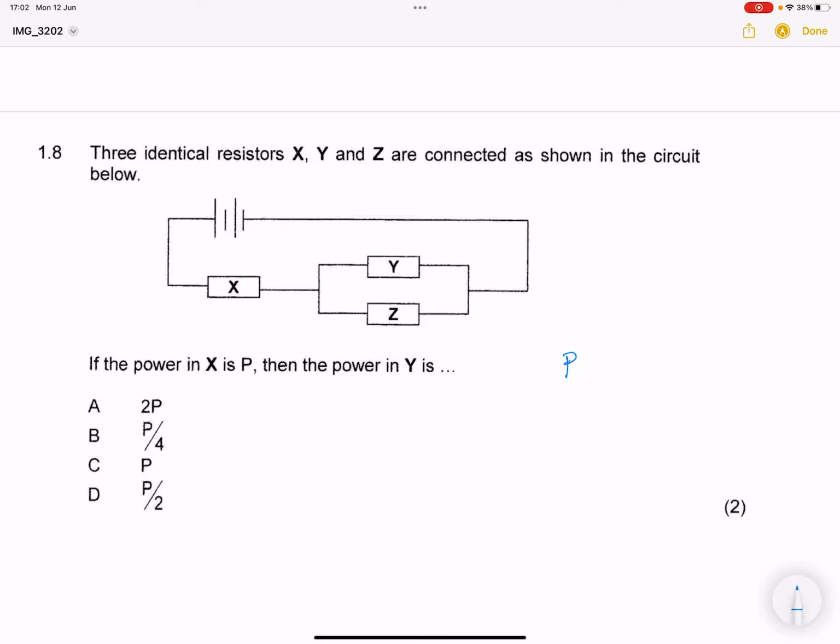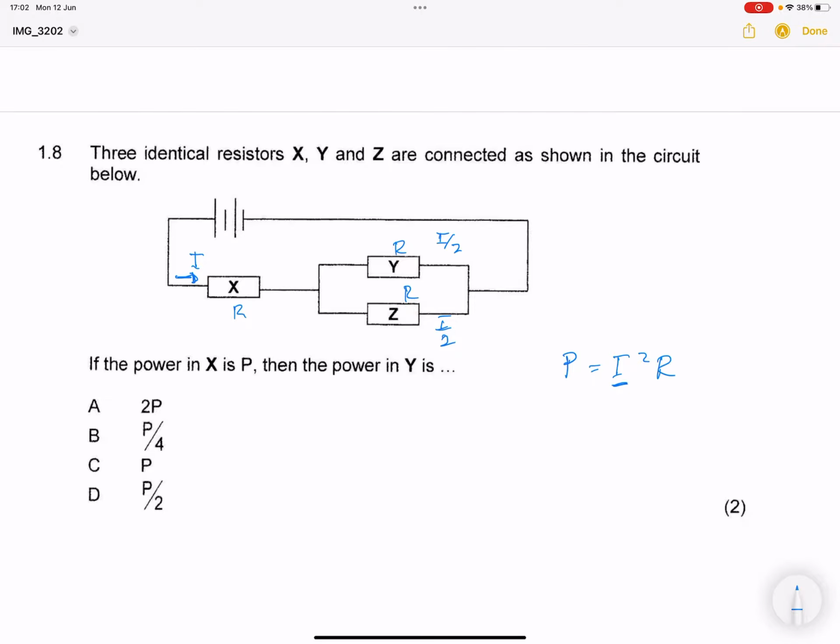Let's suppose the resistors are the same, so that's R, R, and R. We know that power is I squared R. Let's say the current passing through is I. The current will split into 2, which is I over 2 and I over 2 respectively.